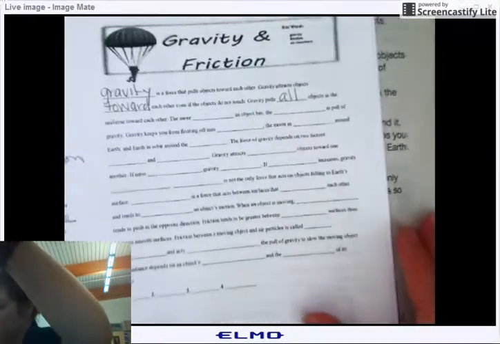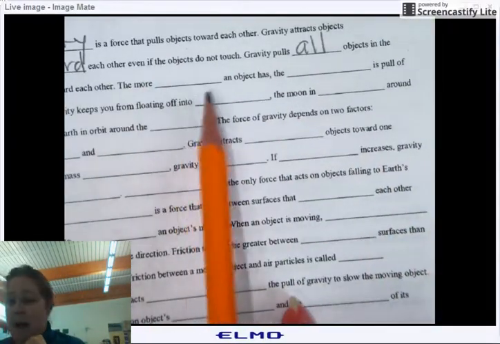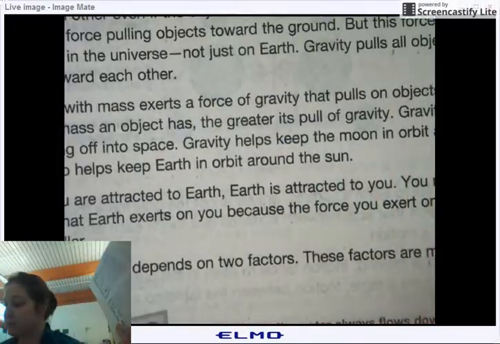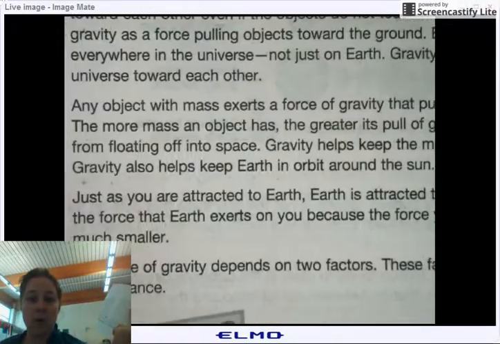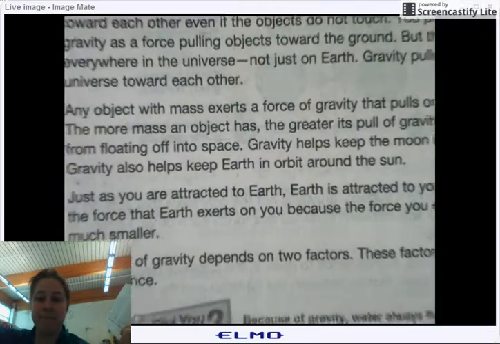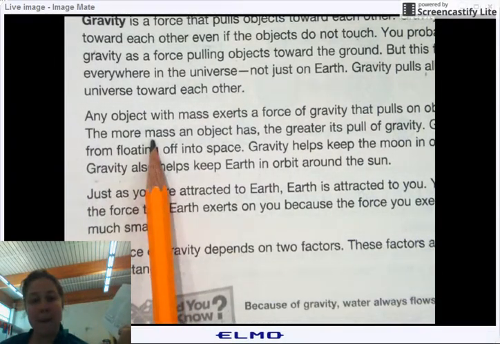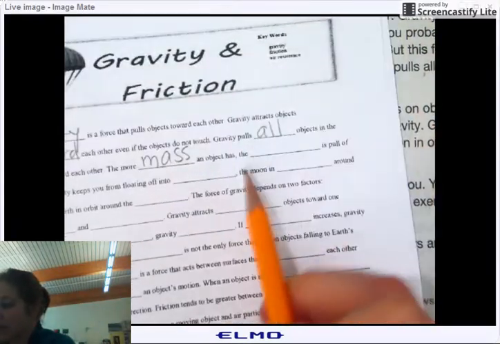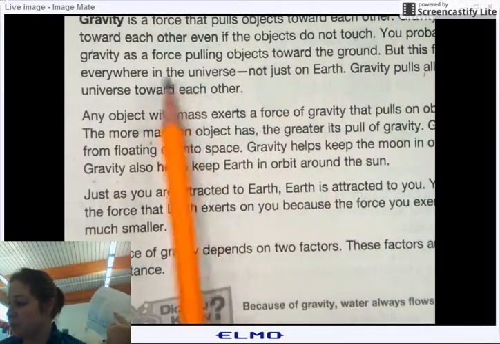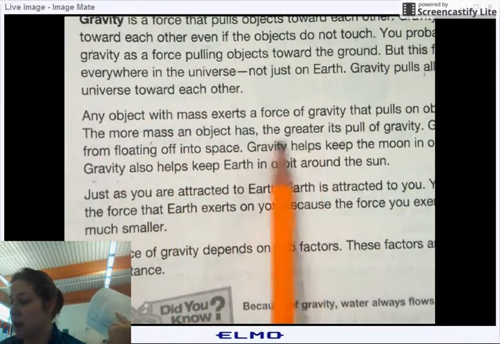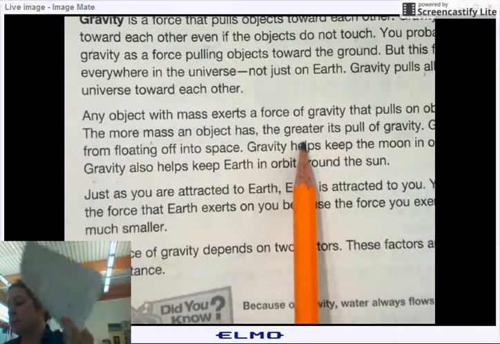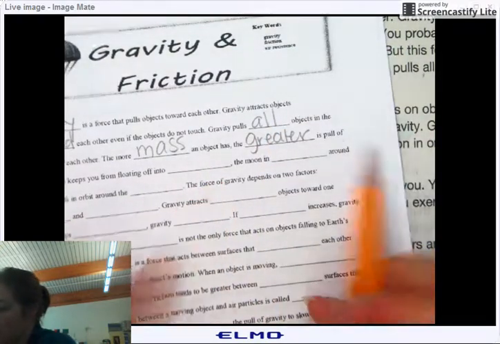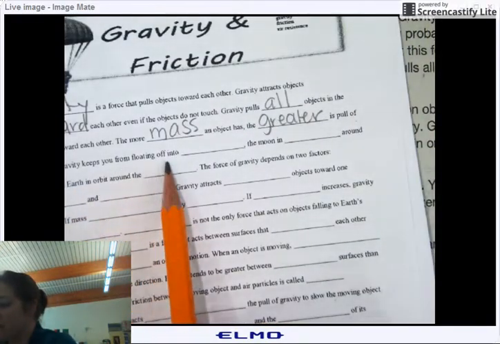Okay, so the more blank an object has, the more blank is its pull of gravity. So I see it. The more mass an object has, the greater the pull of gravity.